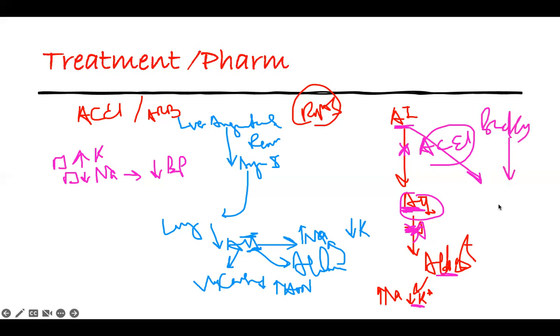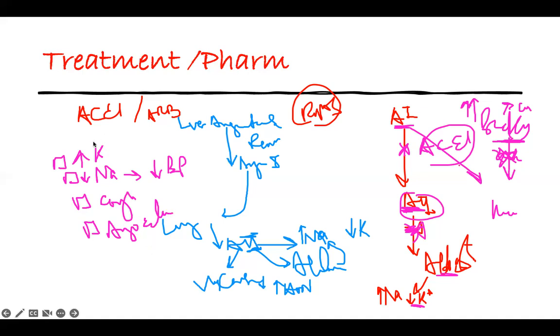It's converted into an inactive form. If the ACE is blocked, you have a higher level of bradykinin. Bradykinin causes cough and angioedema. So this is why ACE inhibitors cause cough and angioedema.